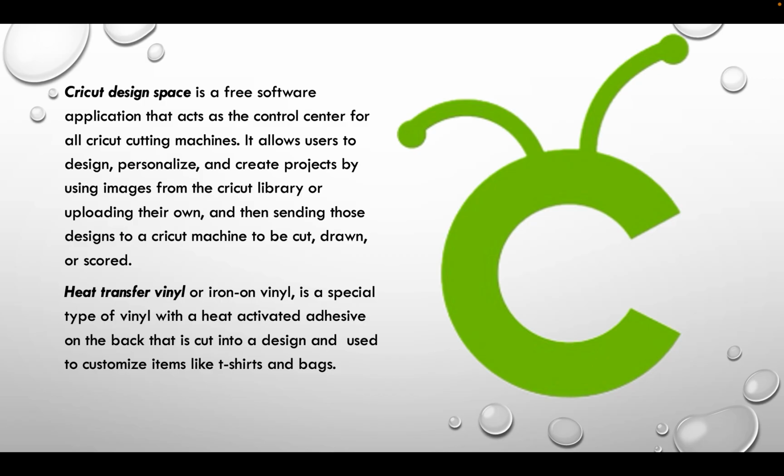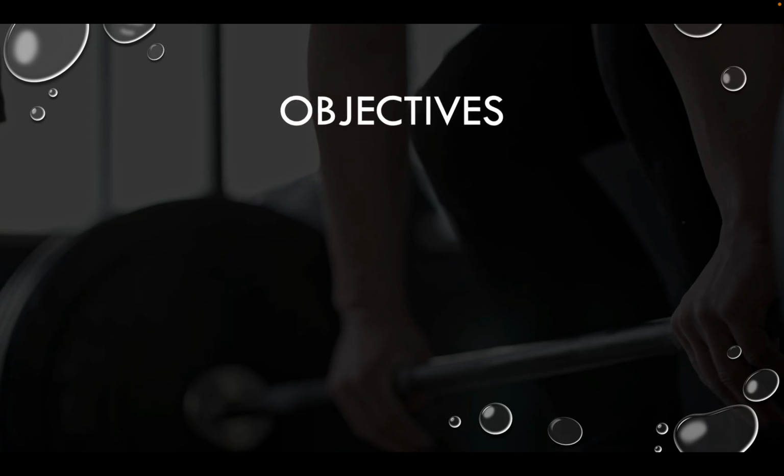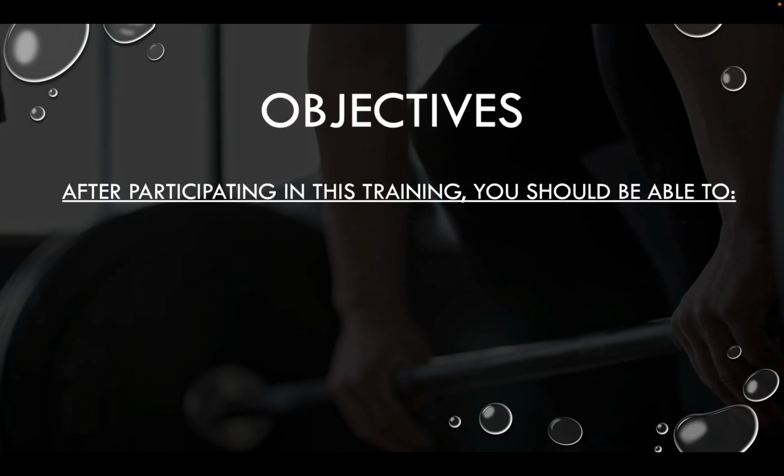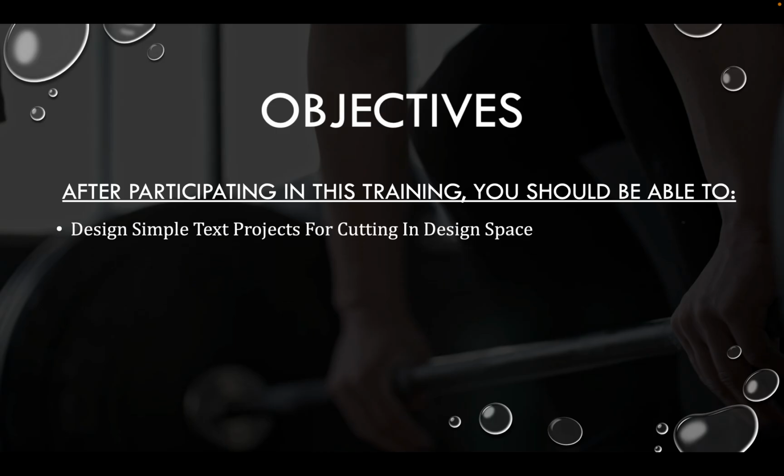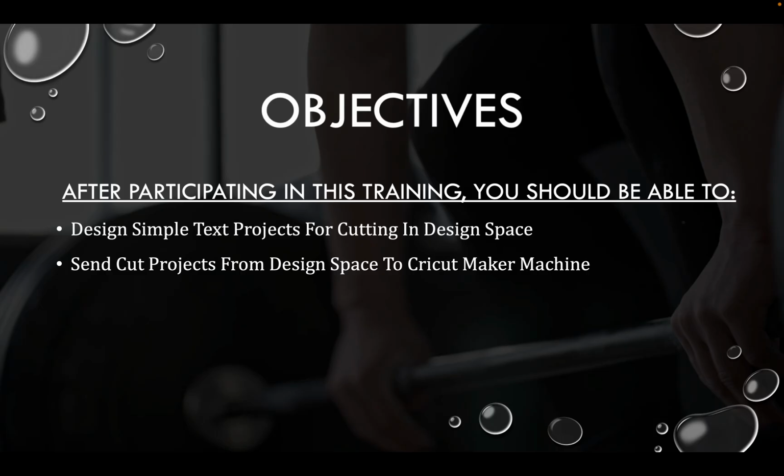We're also going to be using heat transfer vinyl for our material. After completing this training, participants should be able to design simple text projects for cutting in Design Space, send cut projects from Design Space to the Cricut Maker machine, and load and unload material to your Cricut Maker machine.